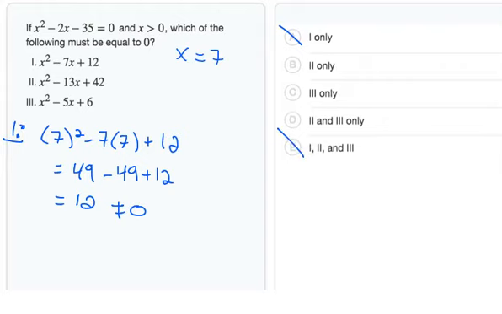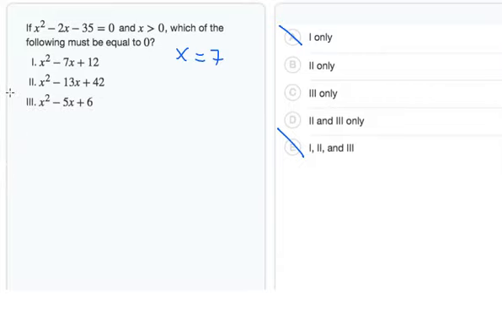So moving on, we can go ahead and do the same thing for statement 2. Let's clear the board and do a similar thing for statement 2. So let's plug into statement 2, which is this expression. We have 7 squared minus 13 times 7 plus 42.